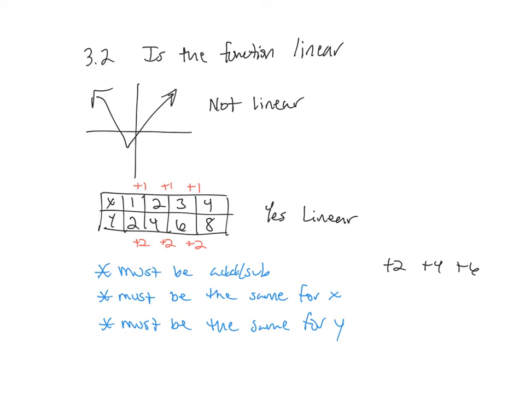Alright, and then last I'll have some equations to look at. I've said it before, I think it's easier to look at what doesn't make it linear, and then if it's the opposite, then it is.